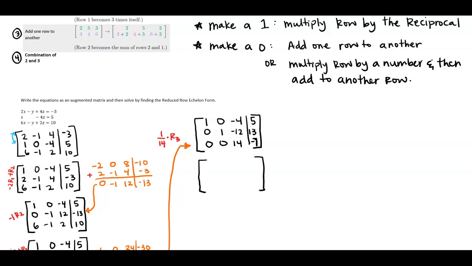When I multiply this bottom row by 1/14, I get 0, 0, 1, and then negative 7 times 1/14 is going to give you negative 1/2. So we get a little fraction there, but that's all right. And then our other two rows stay the same.